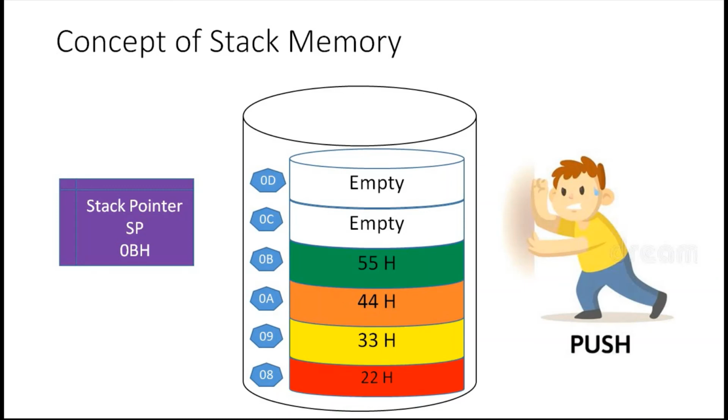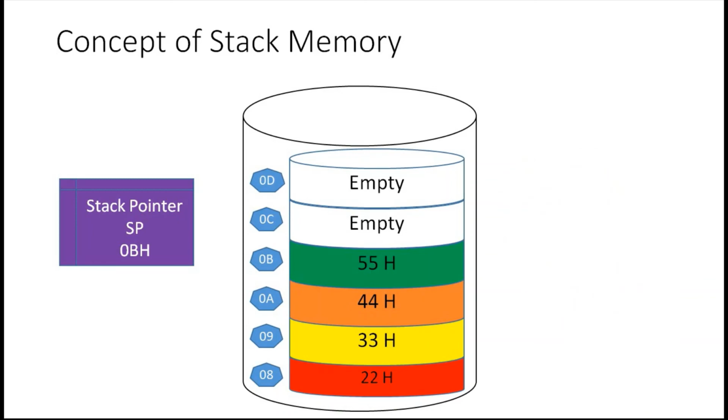Now we will go again in the reverse fashion. Suppose I want the data 22H. To get this data 22H, which is first in, you will have to take it as last out. You will have to put 55 to the other side, then 44, then 33, and then only you can get the 22H, because only sequentially can you access your data.